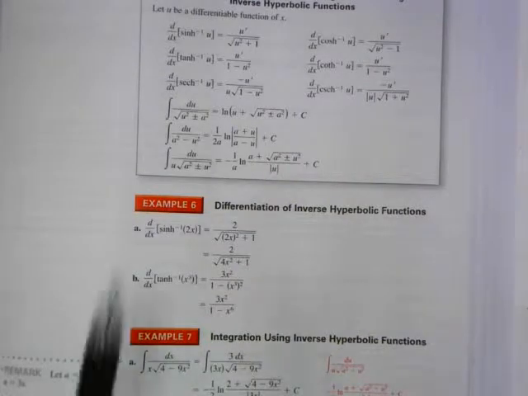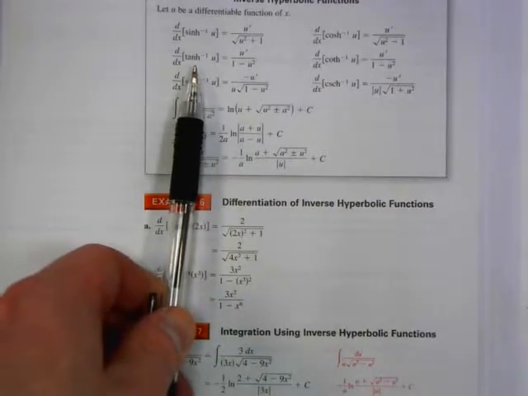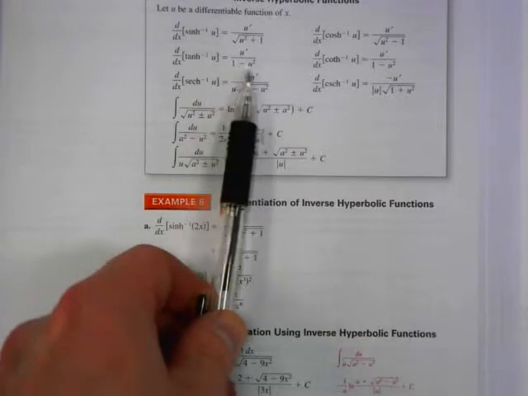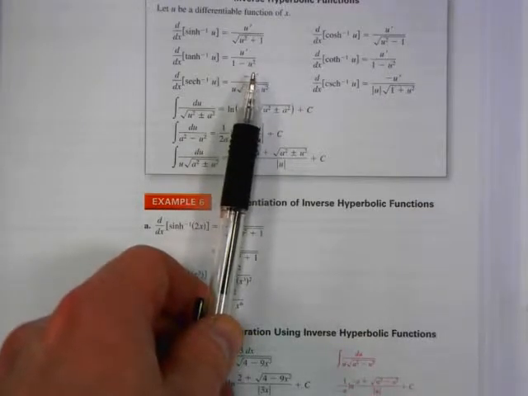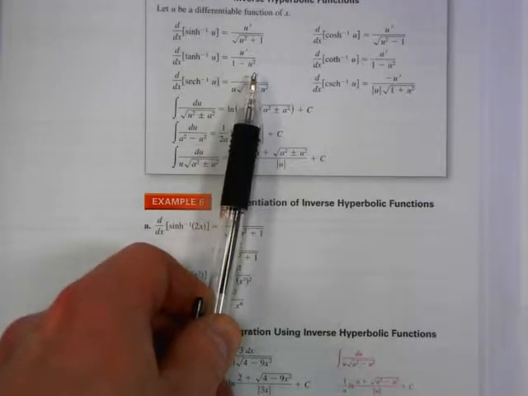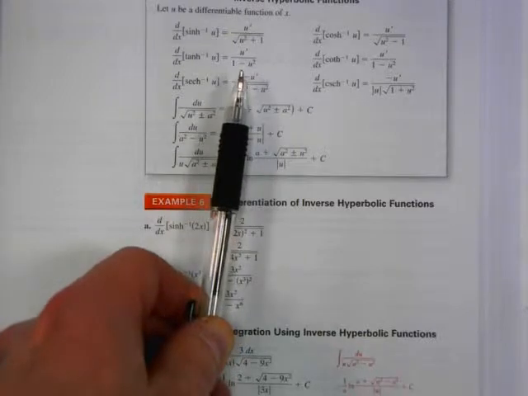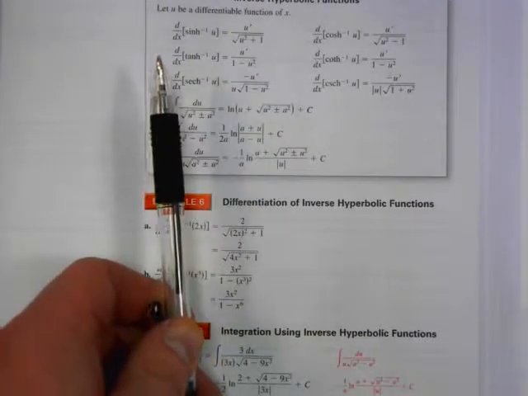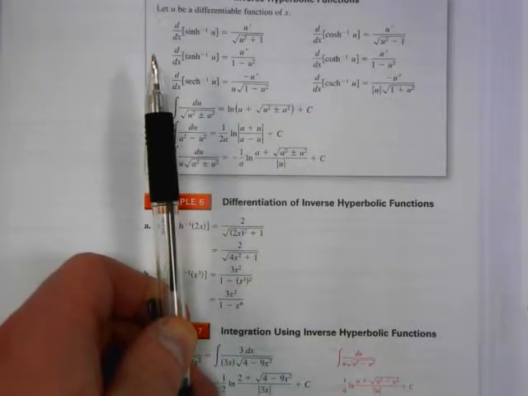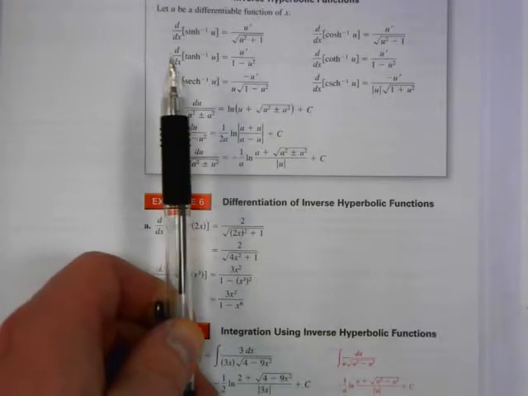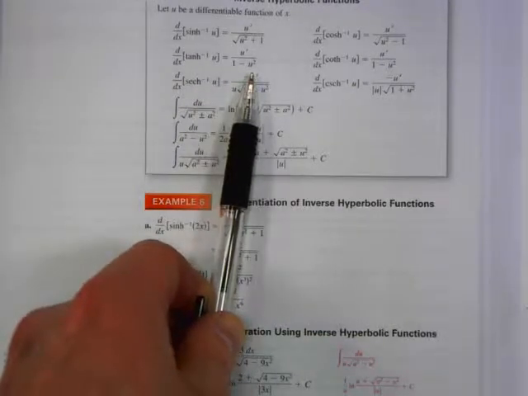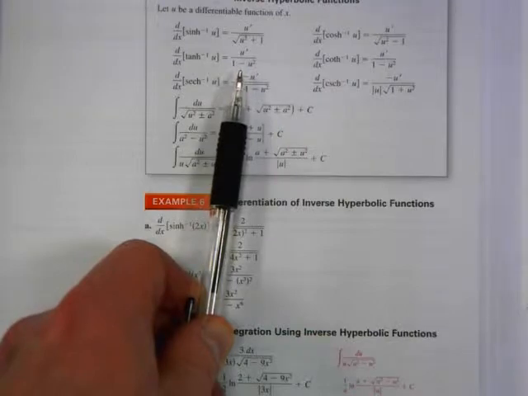The derivative of hyperbolic tangent inverse turns out to be 1 over 1 minus x squared. What was the rule for derivative of regular old tangent inverse? 1 over 1 plus x squared. So again, the rules are very, very similar.